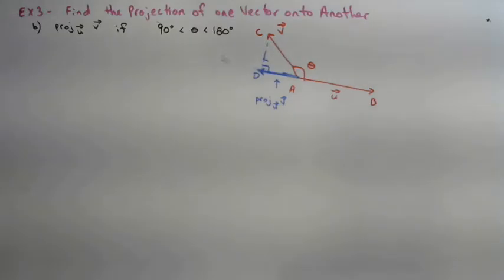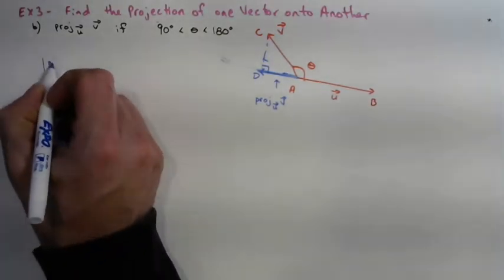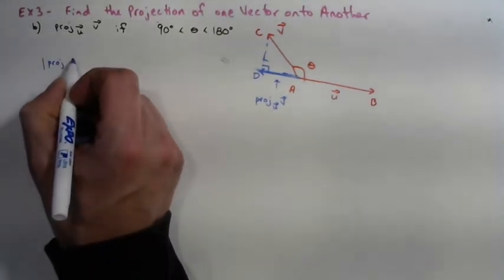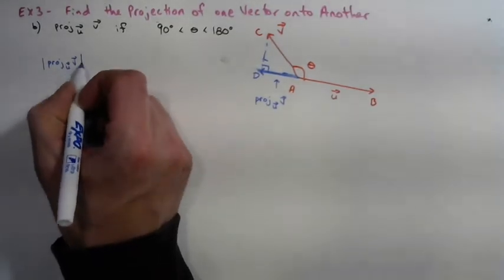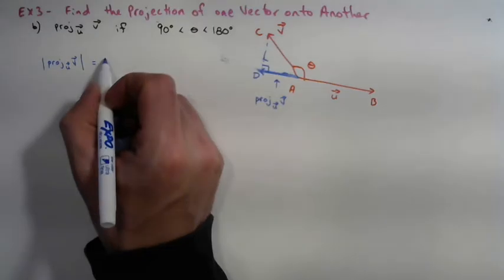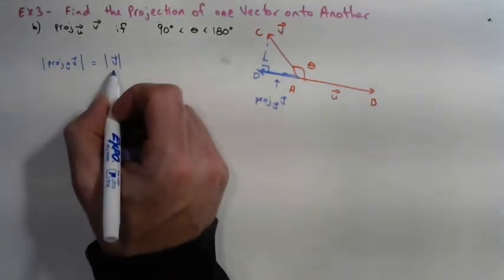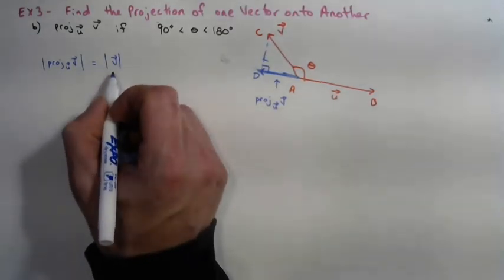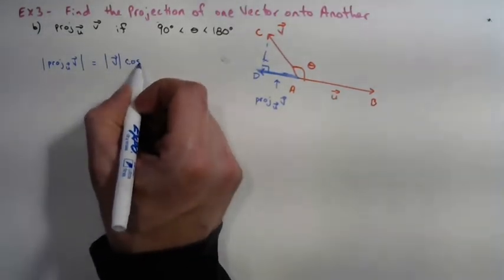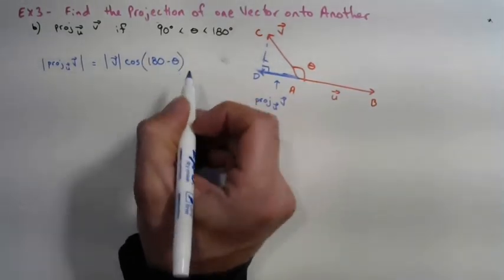Now, the magnitude of the projection of v onto u is now equal to the magnitude of vector v times the cosine of 180 minus theta.